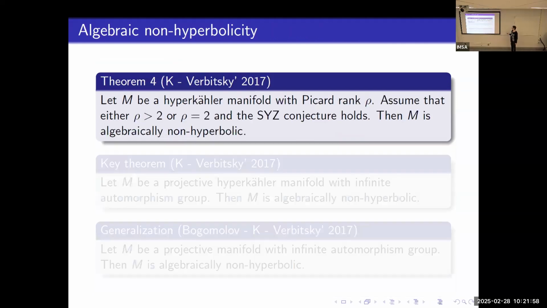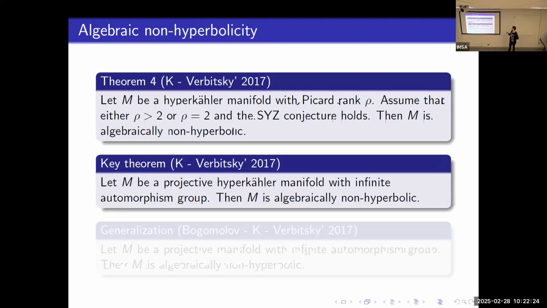Okay, and together with Verbitsky, we prove this if you assume that the Picard rank is strictly bigger than 2, or if it's 2, we need the SYZ conjecture. And then this hyperkahler manifold is algebraically non-hyperbolic.